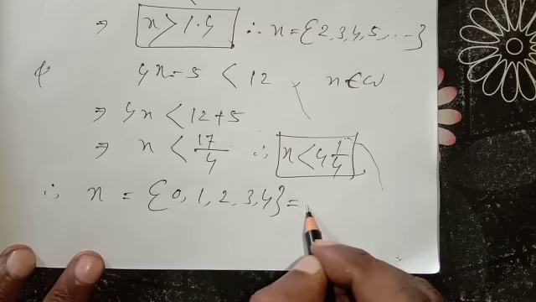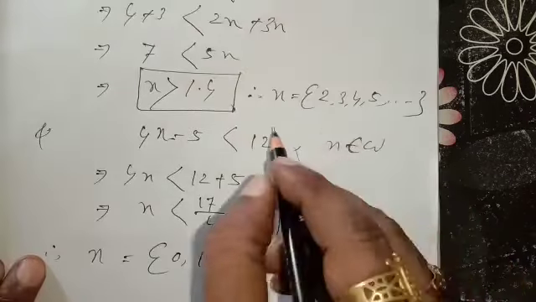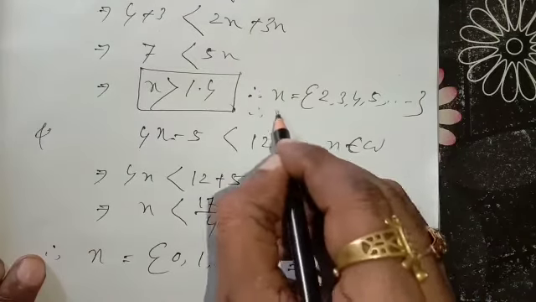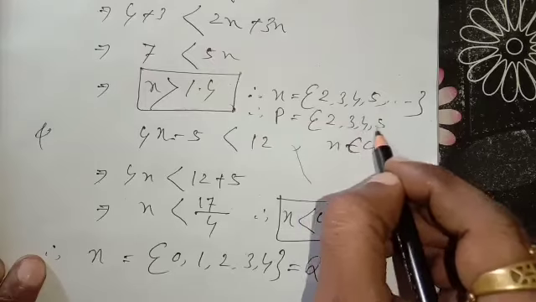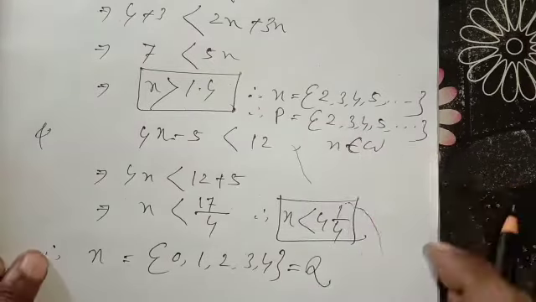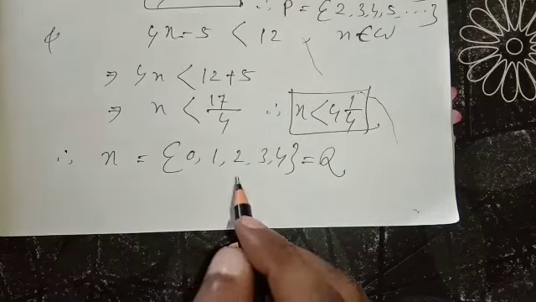As per the question, the first set is the P set. P set contains the elements 2, 3, 4, 5, up to infinity, and Q set contains the elements 0, 1, 2, 3, 4.